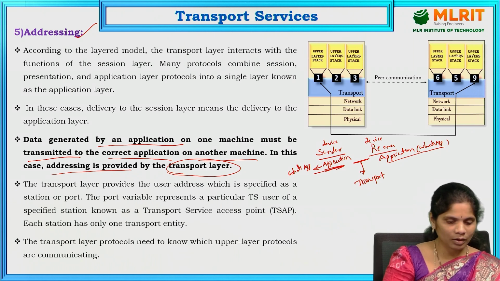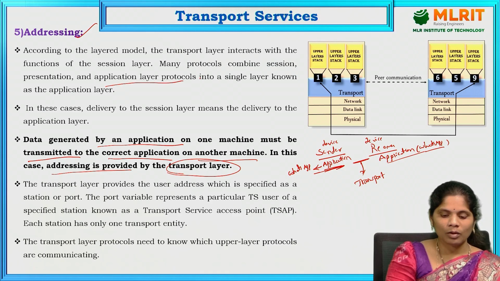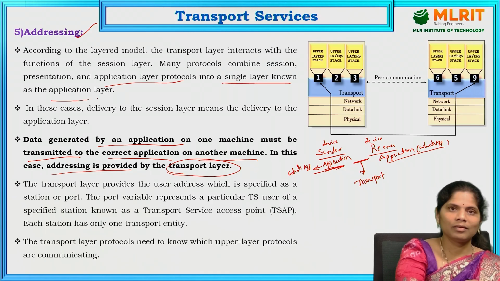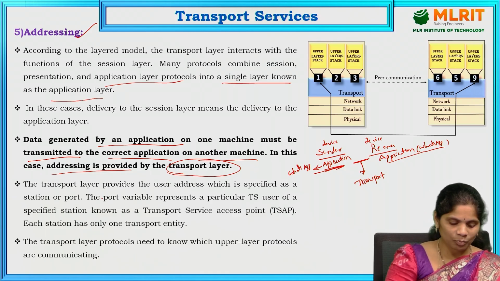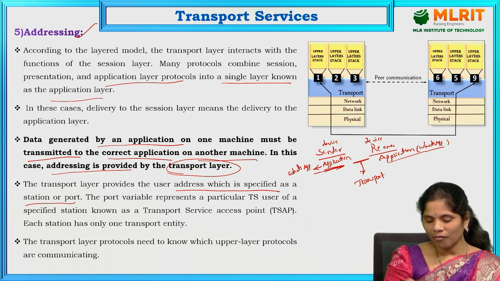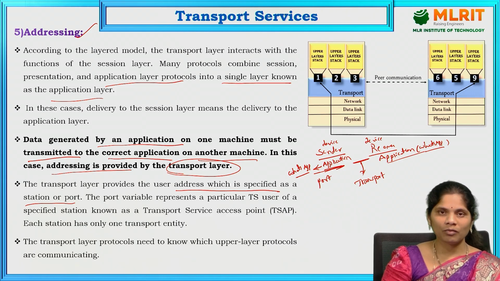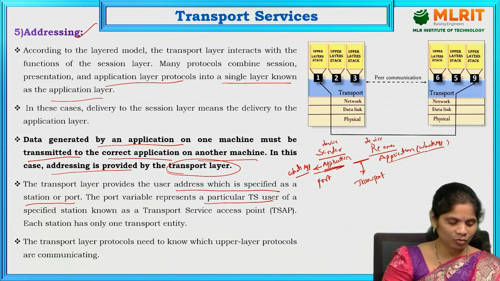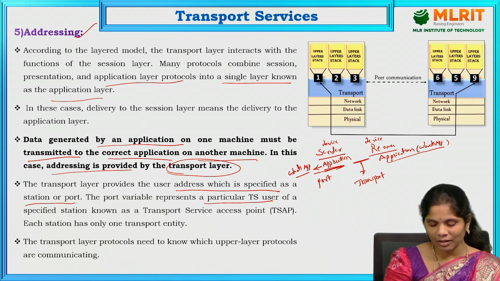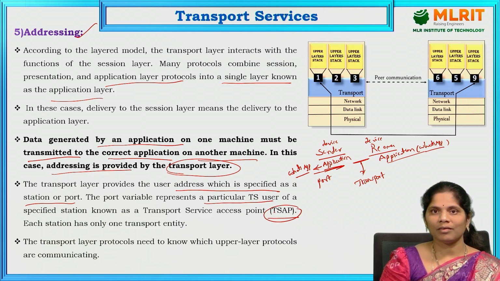Here we talk about application layer protocols combined into a single layer known as the application layer. At the same time, the transport layer provides the address specified as a station or port. Whatever address is there is in the form of a port. The port variable represents a particular TS user of a specified station, that is nothing but the TSAP, the transport service access point, as I already told.